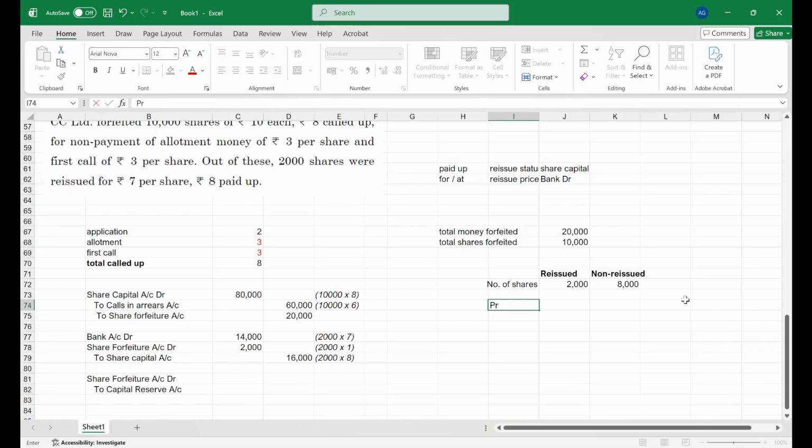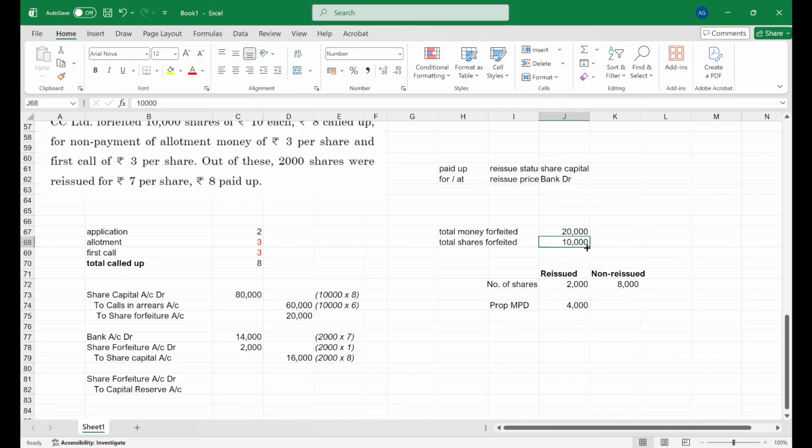Here you have to compute something called the proportionate maximum permissible discount. What is the formula for that value? Total money forfeited, okay, just write it down. Total money forfeited multiplied by number of shares reissued divided by number of shares forfeited. So this is the value for proportionate MPD.